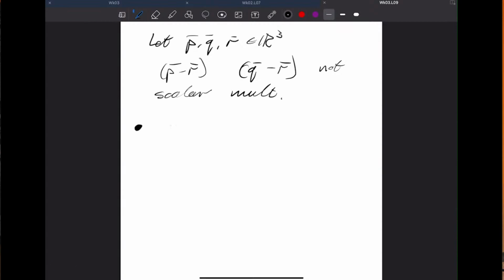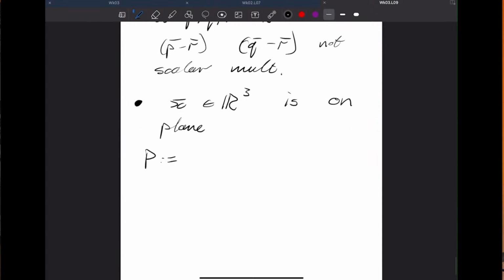we have that a point in R3 is an element of the plane, so is on the plane, the plane through P, Q, and R. Let's write out what that set is. That is the set R plus S times P minus R plus T times Q minus R, with S and T real numbers.